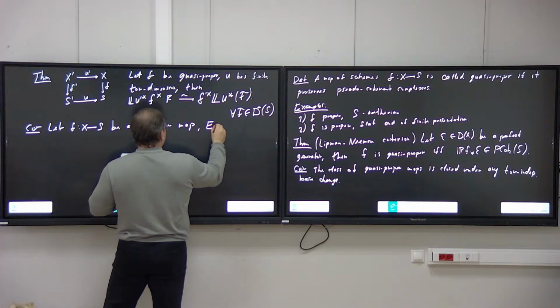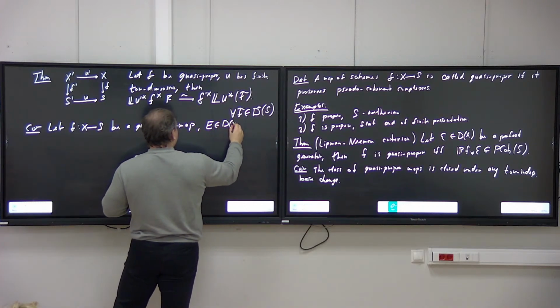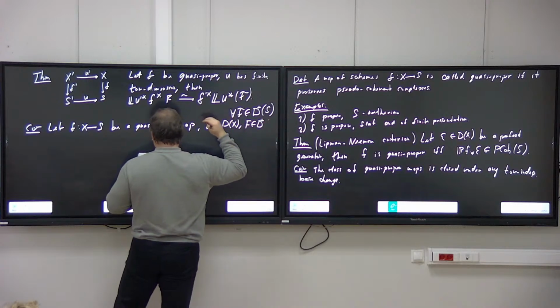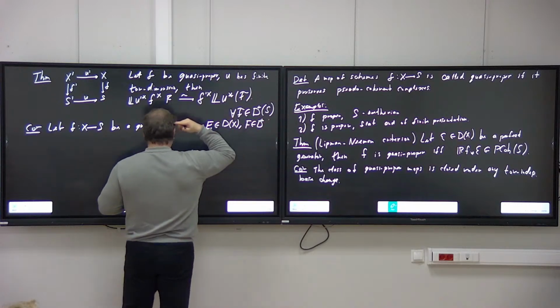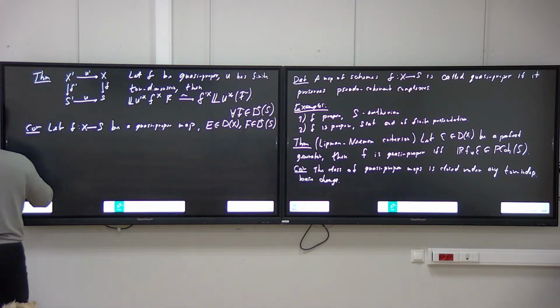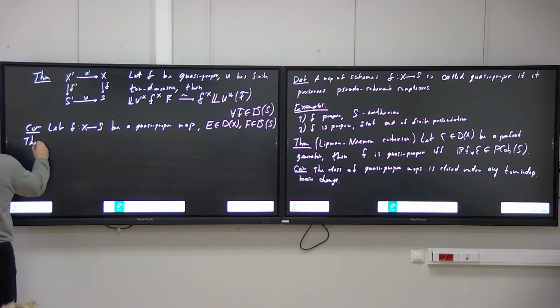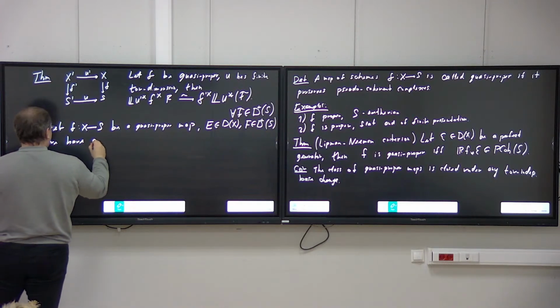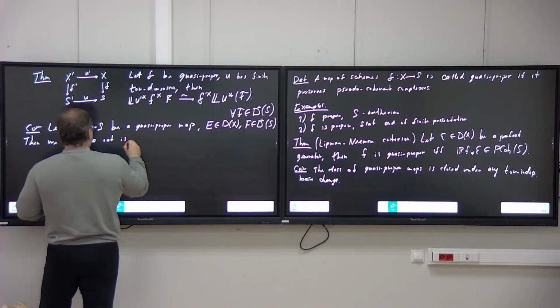Let E be any object in the derived category of X, and let F be in D plus of S. Then we have a natural isomorphism of the following kind.